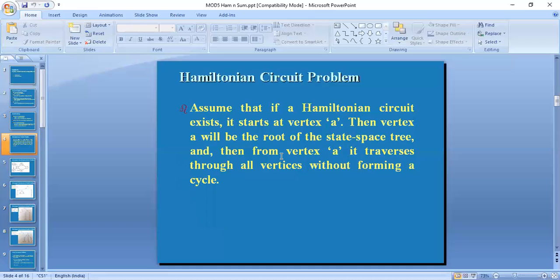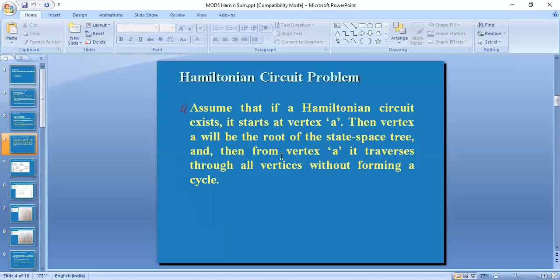So for a traveling salesperson problem, the input is a graph, and we consider the traversal of the graph by taking all its edge weights, or the cost for each and every edge. Whereas in the Hamiltonian circuit, we just ignore the cost.